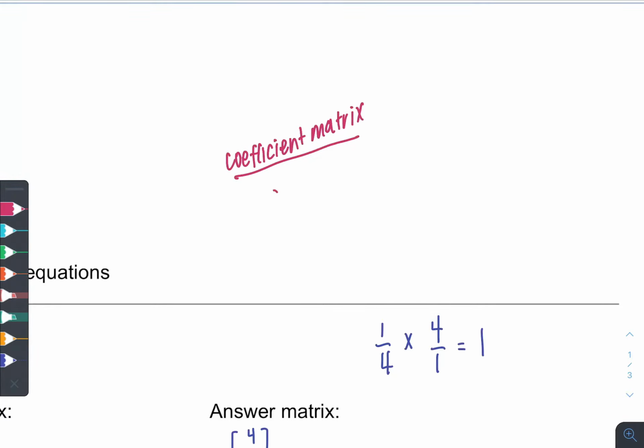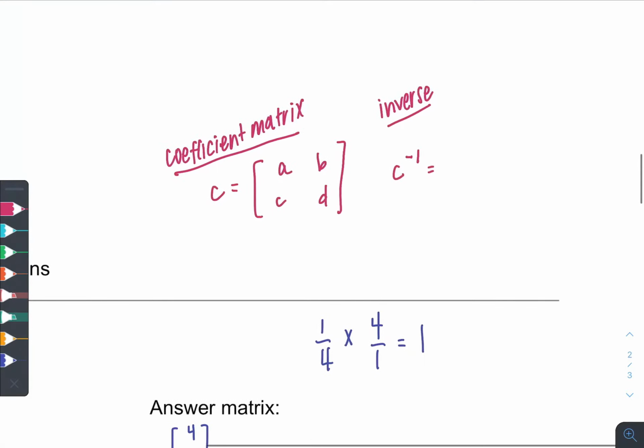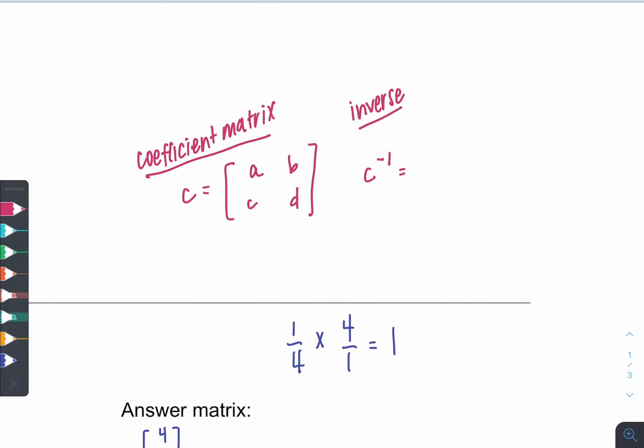If we have a matrix equal to A, B, C, D, the coefficient matrix, the inverse would end up being 1 over AD minus BC, so those two products are crossed.